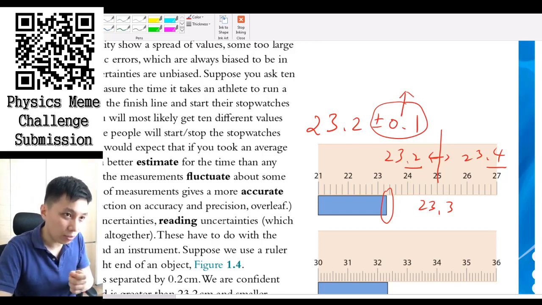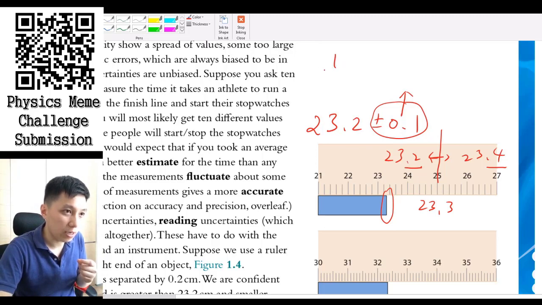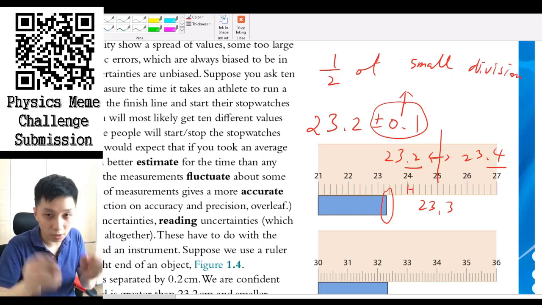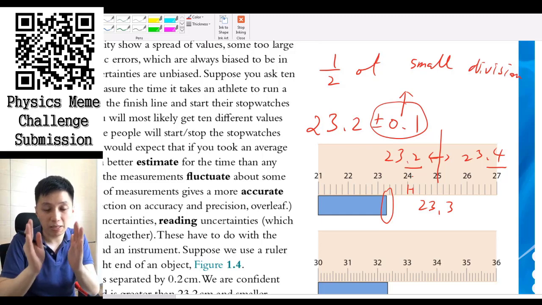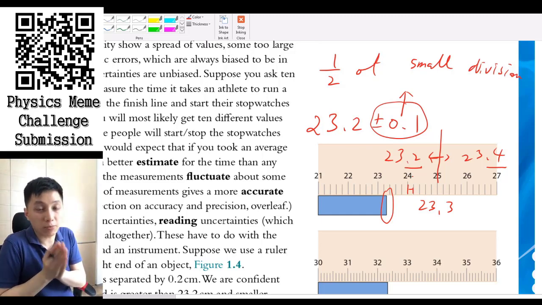And in general, if you think about this as a general concept, this will be half of the smallest division. Division means the smallest space between the markings, or the interval of your measurement tool.